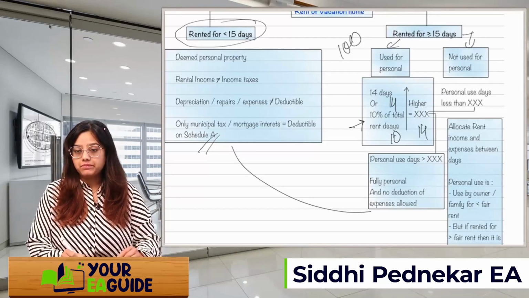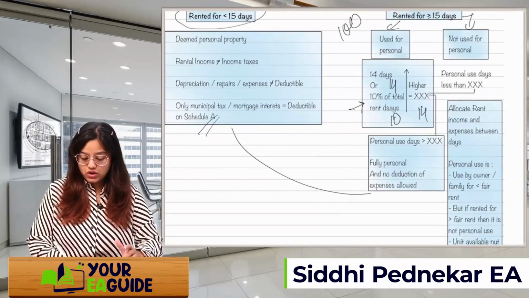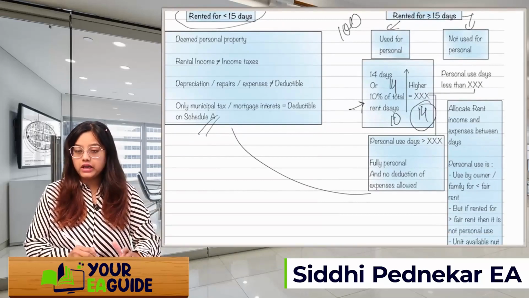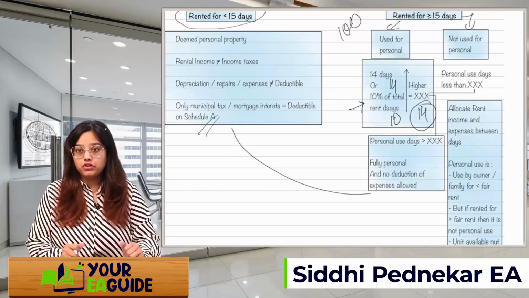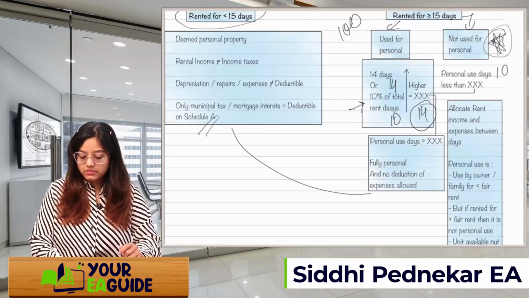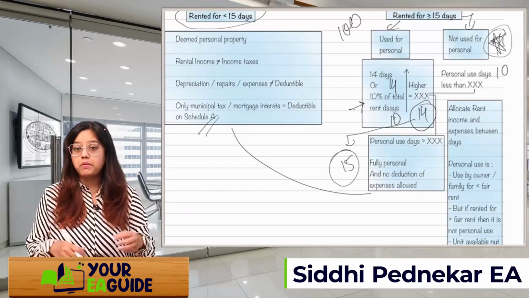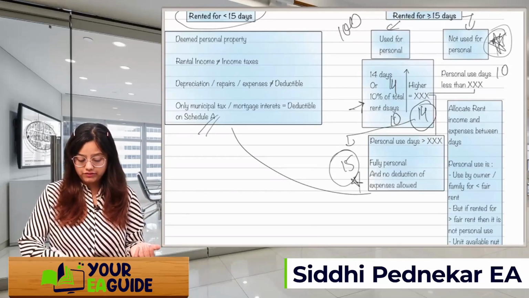So I'll see whether I'm using my house for personal use for more than 14 days or less than 14. For example, if I have used the house for say 10 days personally, then it will fall under the second condition. If I have used my house for say 15 days for personal use, it will fall under the first condition.